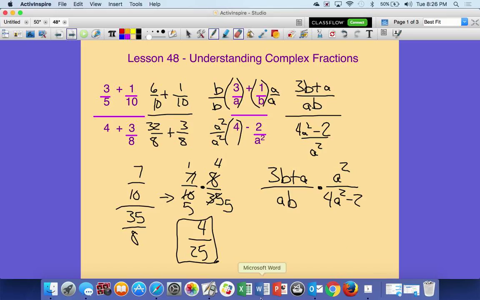Now the only thing we can do here: we cannot cross off this a and this a, because these are in parentheses because of that plus sign and that minus sign. Those aren't the same, and we can't do anything to make them the same.